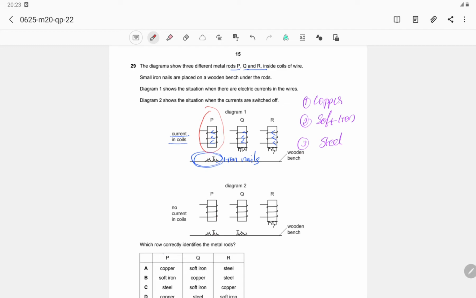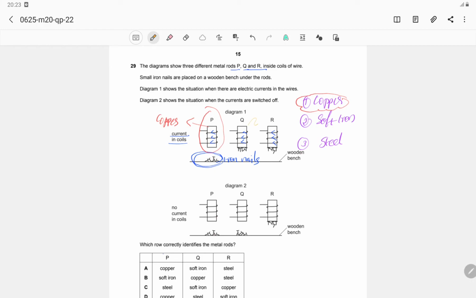You can understand that it is copper. Copper has the least magnetic property. So definitely the first rod must be copper. That's why even though it is surrounded by an electromagnet, it is not magnetized. That is the reason it is not attracting the iron nails.